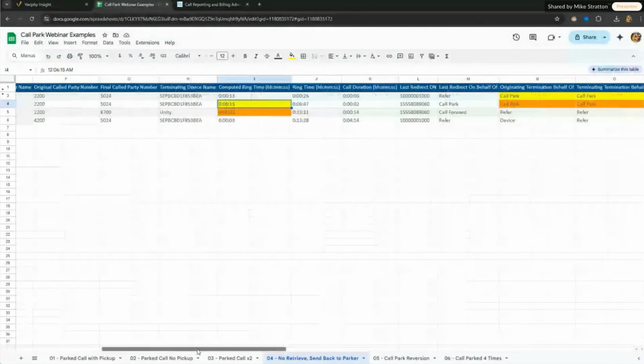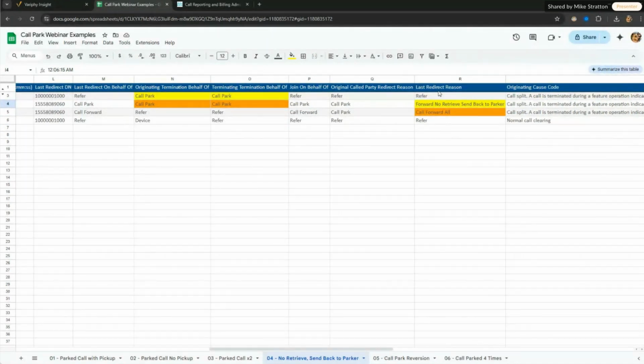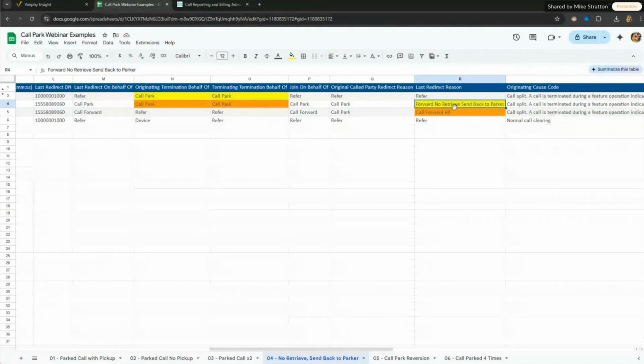So if you're building metrics or reports and you want to see when calls are sent back to the hunt group because they weren't retrieved in time, lean on the last redirect reason. You'll see call forward and retrieve.